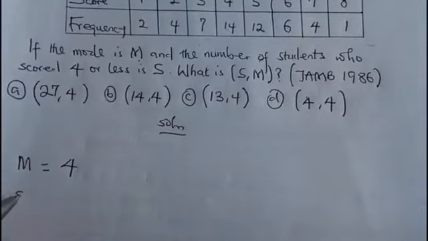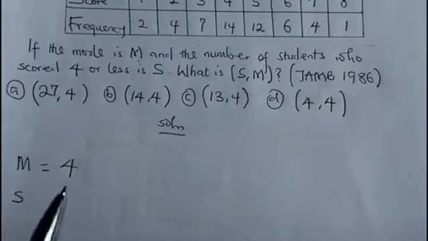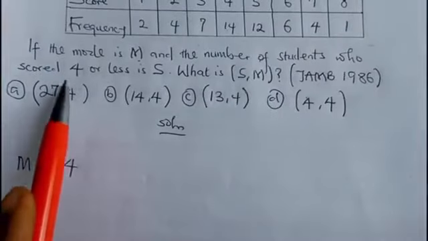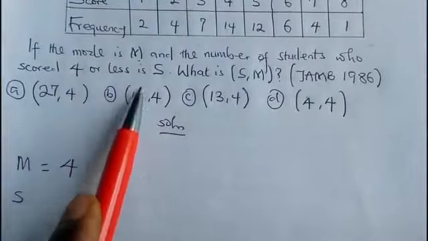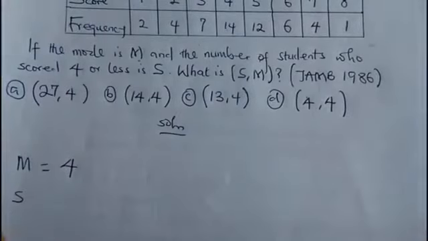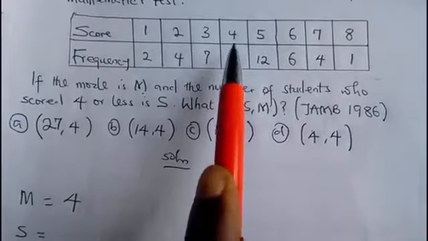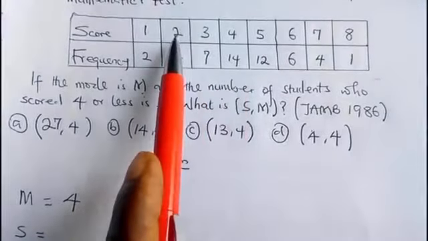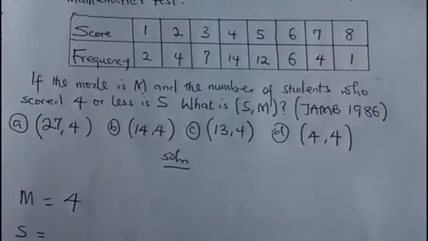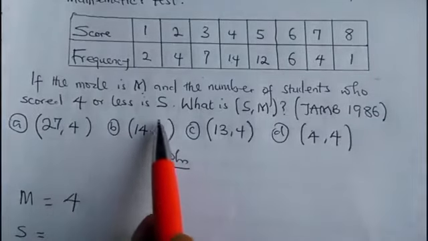And for S, we are told S represents the number of students who scored 4 or less in that mathematics test. What that means is that we are going to sum the number of students that scored 4, 3, 2, and 1.